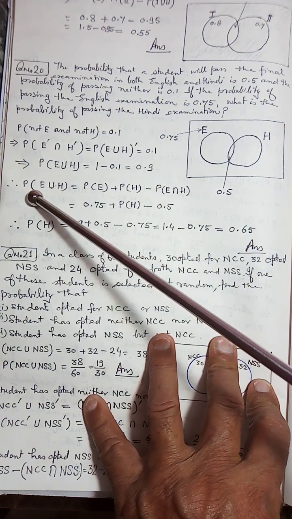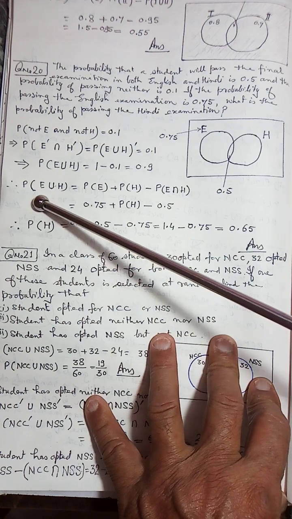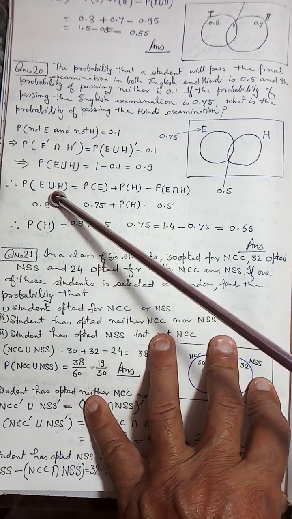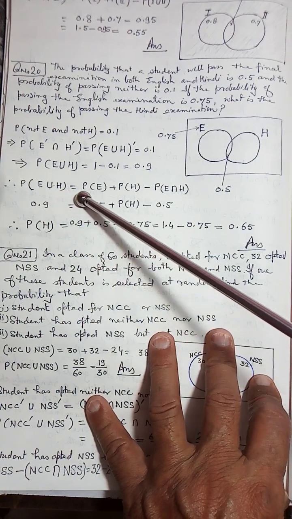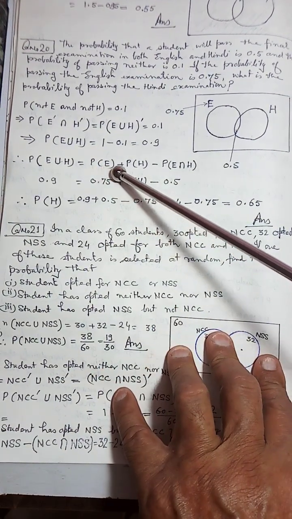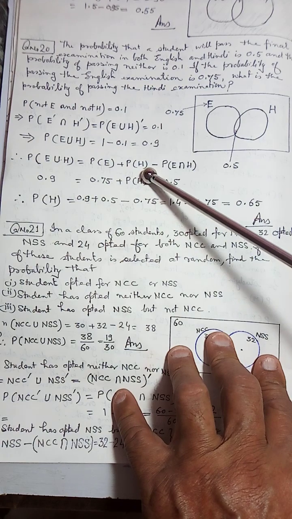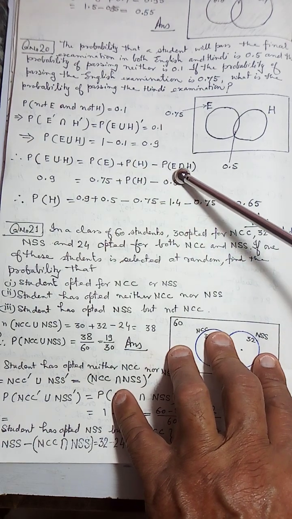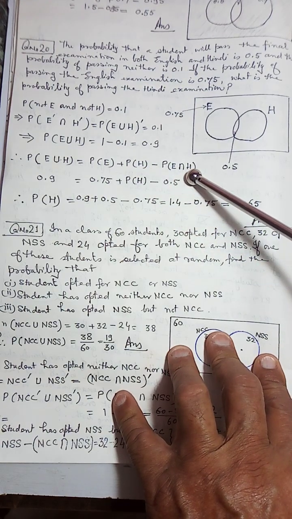Therefore, the probability of English union Hindi will be equal to probability of English plus probability of Hindi minus probability of English intersection Hindi.